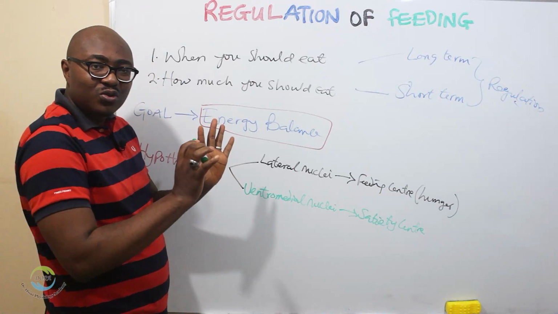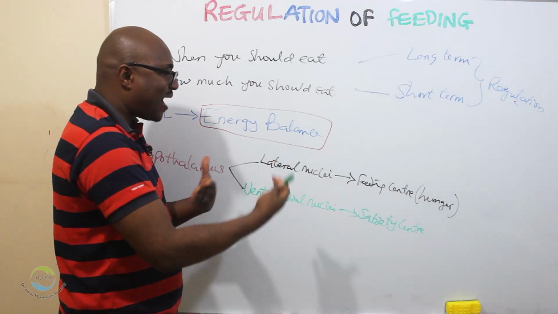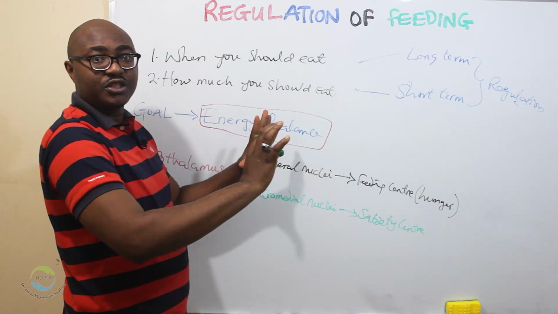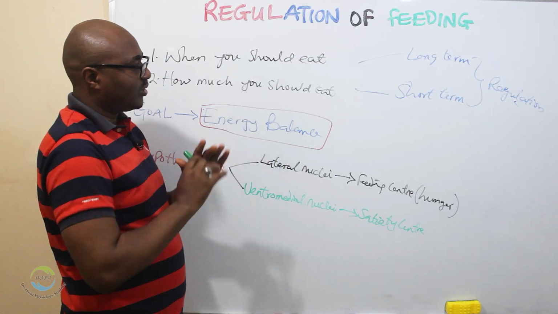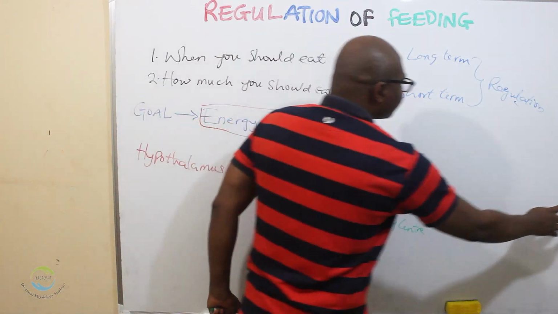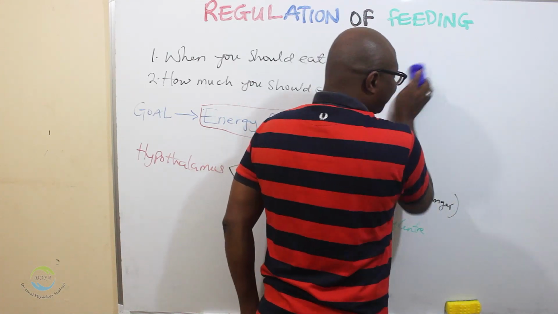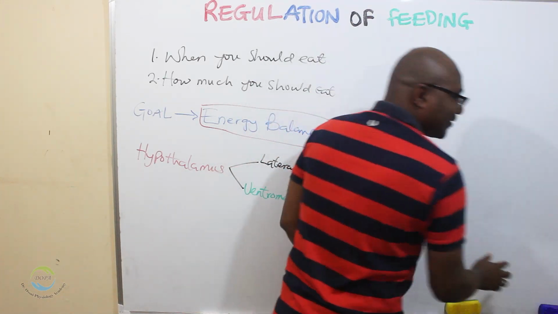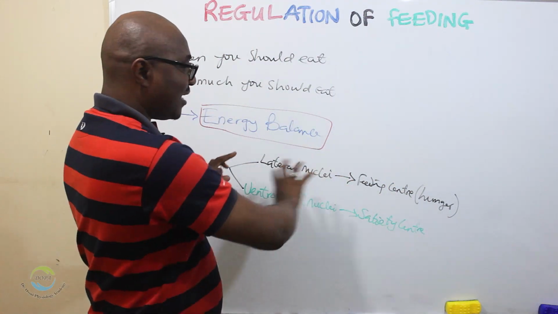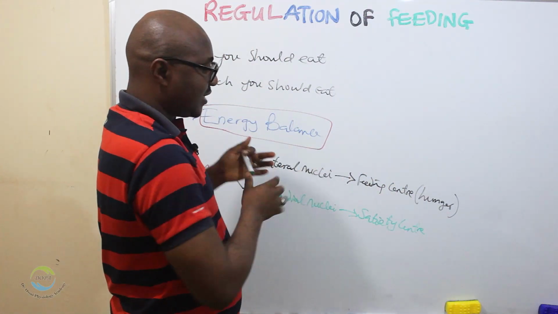So now we are going to look at the mechanism. How does this stimulation occur? Let's look at it. There are about 5 different things that influence these two centers in the hypothalamus.